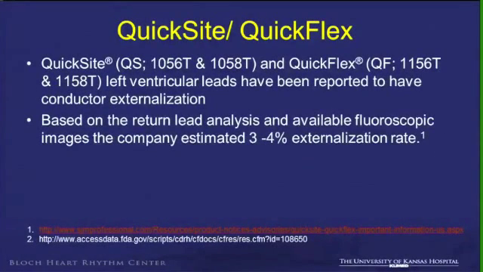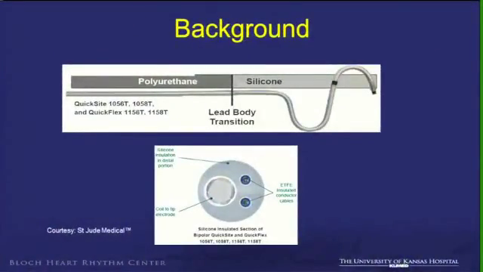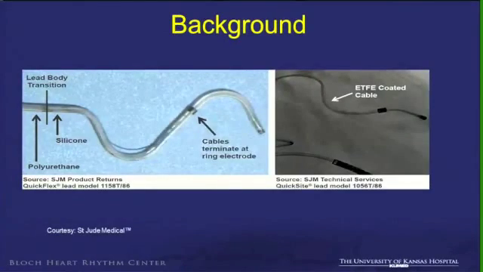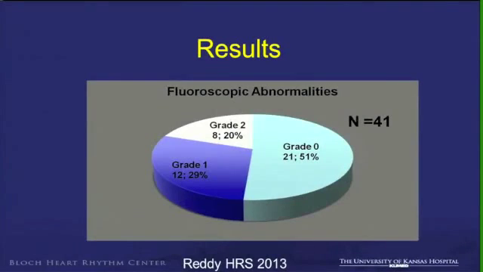I'll go over a couple of slides on Quicksite, Quickflex. These are the LV leads. The impact is less. It's again silicone coating and externalization of the conductor cables through the silicone coating. This is our experience: we have about 50% with some structural abnormality, and complete externalization in about 30% of the leads.